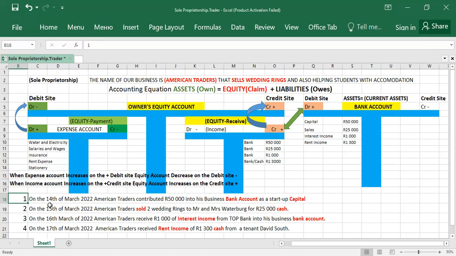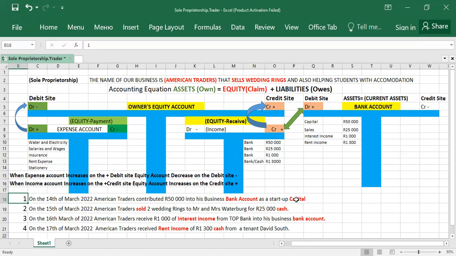Now, the word bank account that we have highlighted here, this is our first account that has been affected by this question.